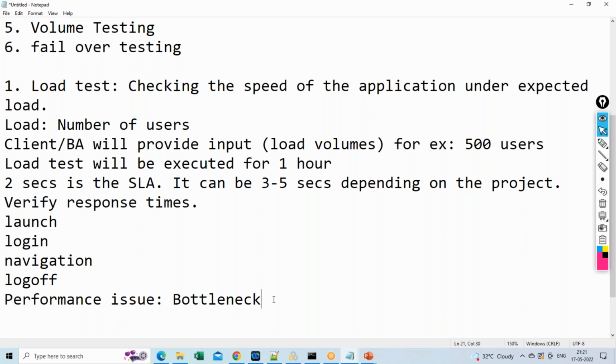Your test has failed when you get very high response times as well. First point is when there are more errors, more than 2 or 3%. Second point is when there are high response times. Third point is when you find any other application issues, like the application not responding or crashing. When you see other kinds of issues, then also the test remains failed.